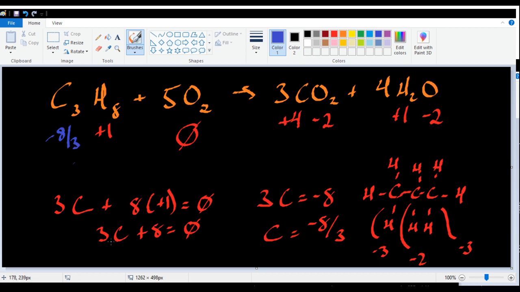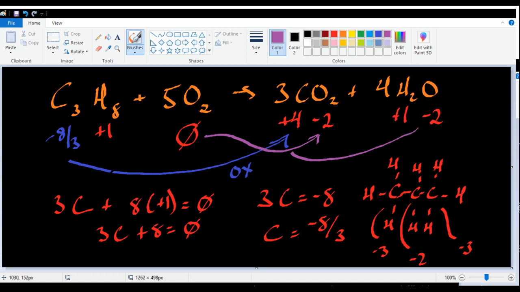Carbons are going from -3 and -2 up to +4, meaning it has been oxidized, whereas oxygen is going from 0 to -2. Oxygen has been reduced.